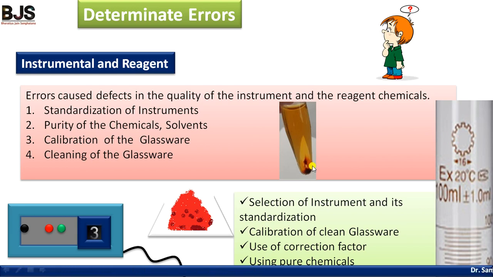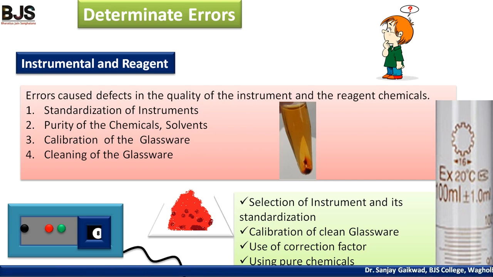In case of glassware, if sticky material is present there, then when we measure the solvent, it is contaminated or dissolved into that solvent, and included as an impurity in the reagent. Suppose the glassware is not clean, or not calibrated, then also these types of errors are added.